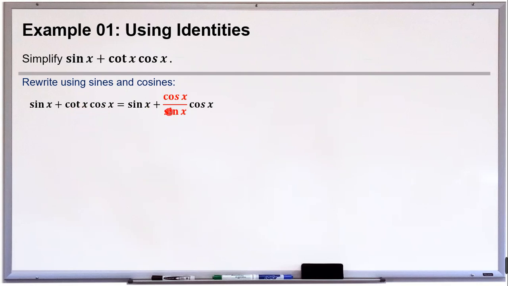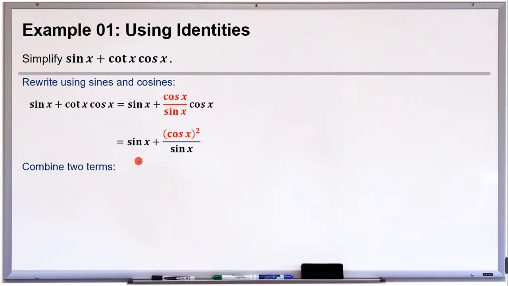Note that cotangent of x is the reciprocal of the tangent of x. Next, multiply cosine of x with cosine of x so that you will generate the final expression in the numerator. So we now have sine x plus cosine x squared all over sine x.